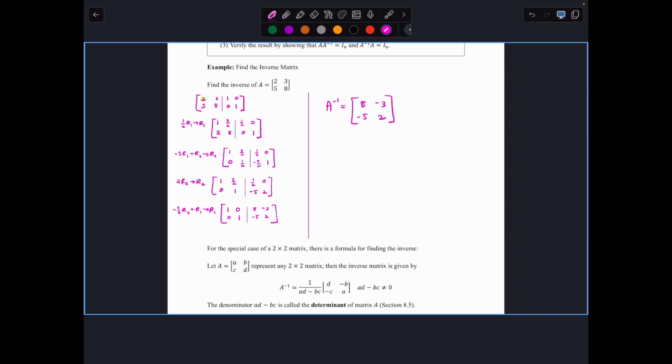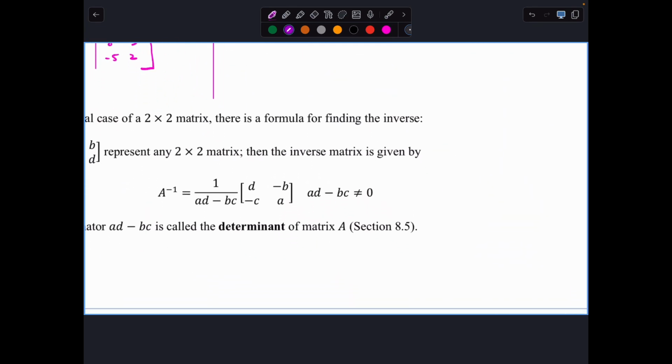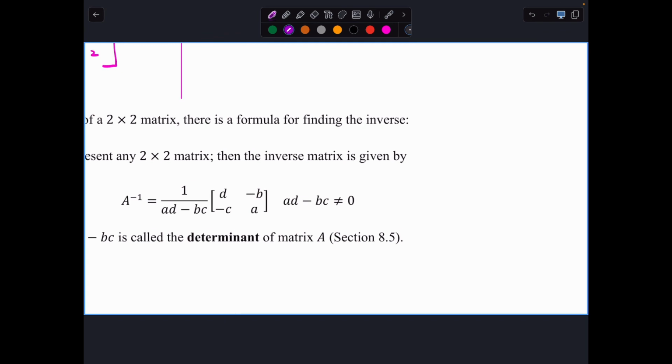Give me a second here. Yeah, so if we go second matrix, the first option on the matrix menu is determinant. So if you wanted to use your calculator, you could. And let's just check with this one.